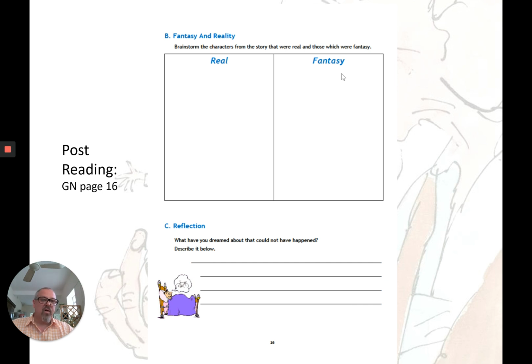The fantasy part is probably the easiest. Obviously, the giant. And given your knowledge of the story, you probably know that the jar and the trumpet have some special magical qualities to them. So you could include them on the fantasy side.